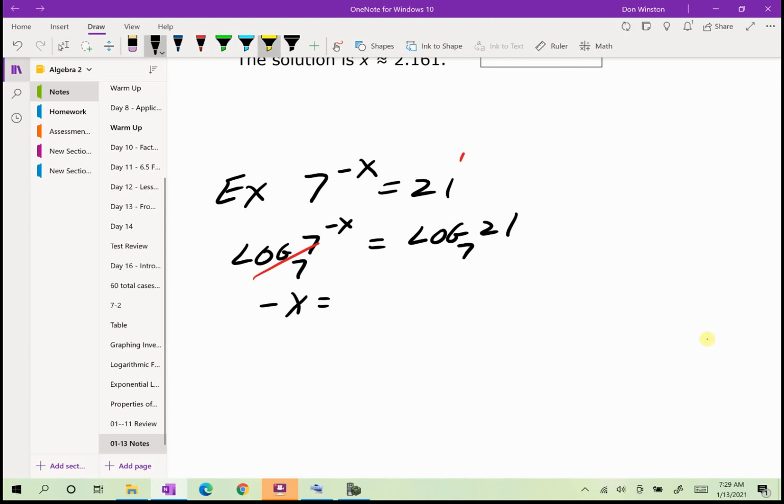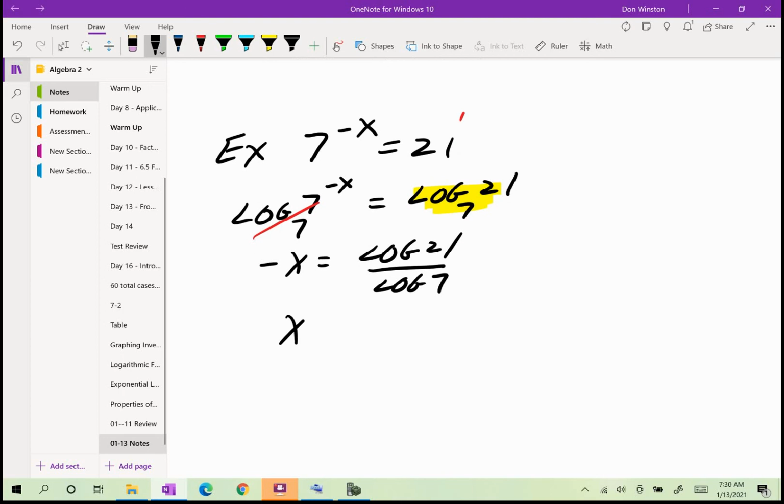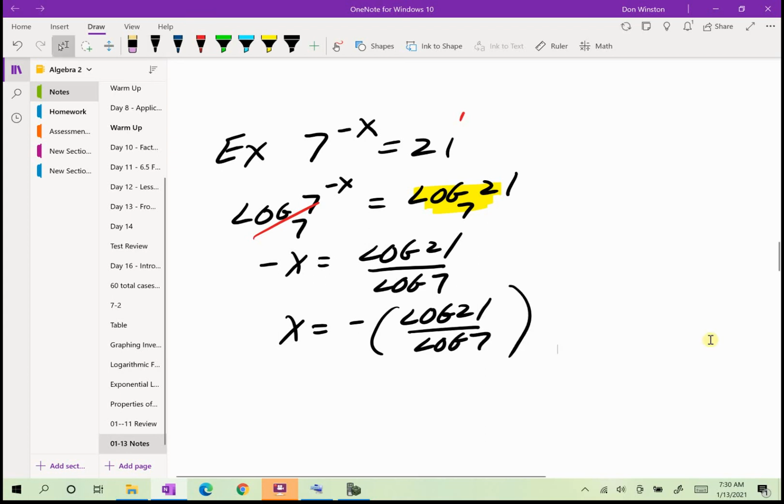And then I'll immediately convert this to common logs. So this is going to be the common log of 21 divided by the common log of 7. And then finally I multiply both sides by negative 1, and that's my final answer.